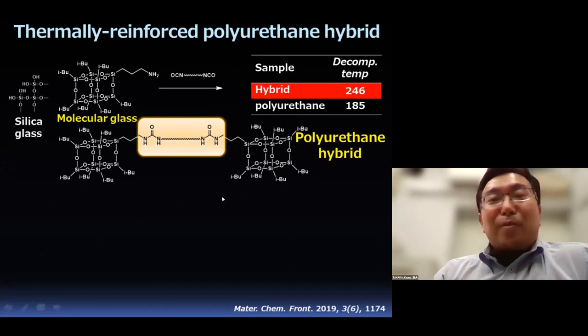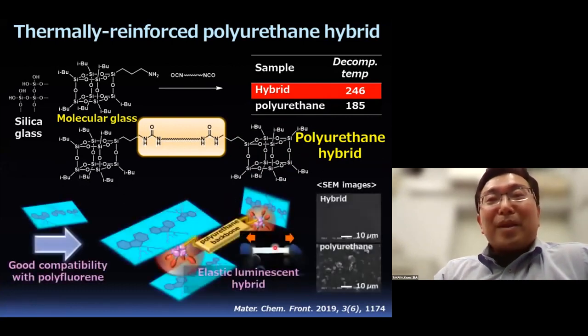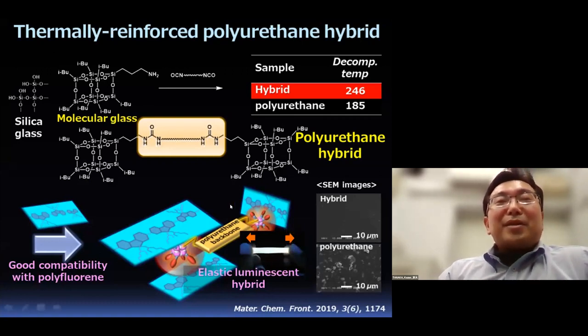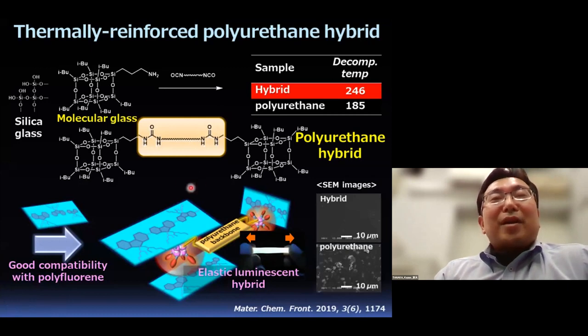We also introduced luminescent dyes, and finally we obtained a stretchable luminescent material with high thermal stability. It is one of the typical examples of a more durable material.